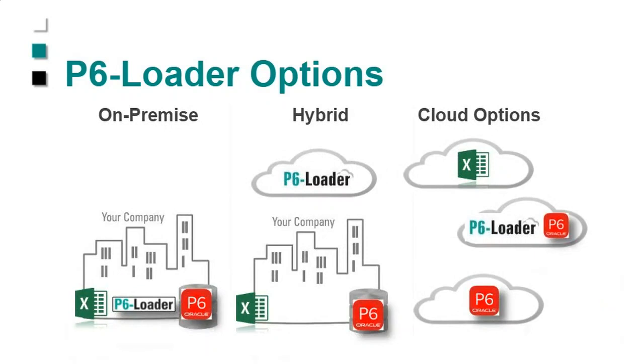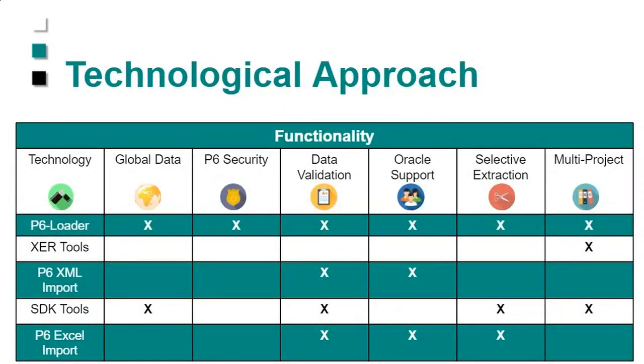Let's talk a little bit about the technology that P6-Loader uses. Historically, there have been a number of different ways that people have got information in and out of P6. The first one that came along many years ago was called the SDK, the Software Developers Kit.